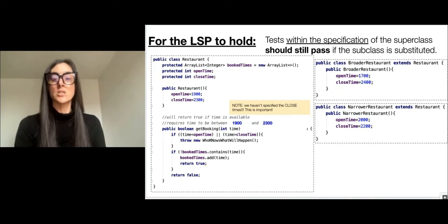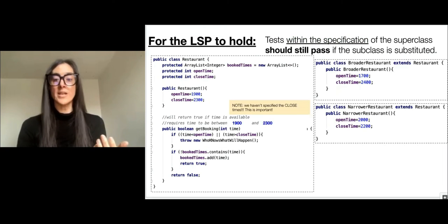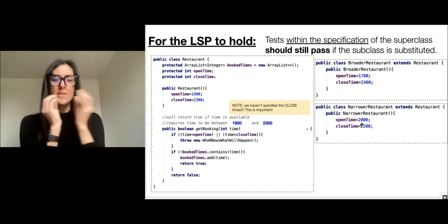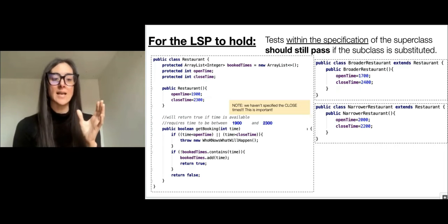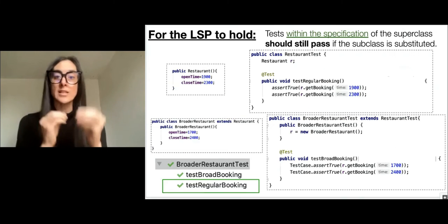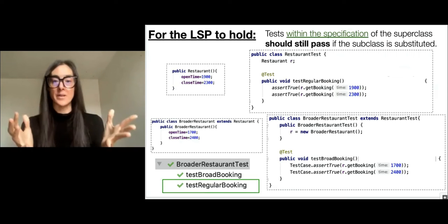All right. So what will happen with our tests? In the olden days, we would have worried, okay, is it going to be a precondition that's going to fail? Is it going to be a postcondition that's going to fail? But looking at just the tests and not worrying about which rule exactly is being violated, we can see what's going to happen.